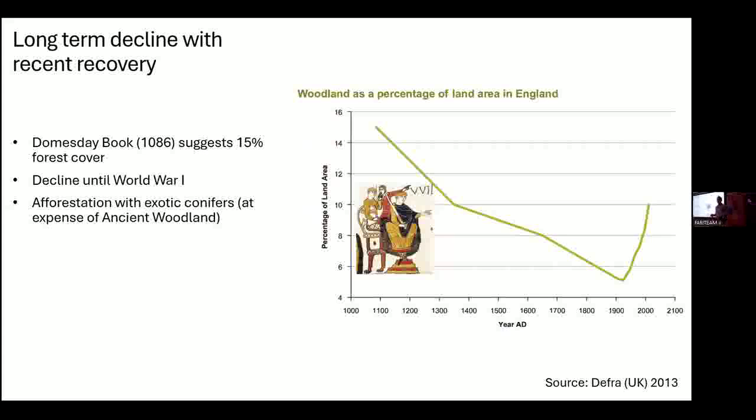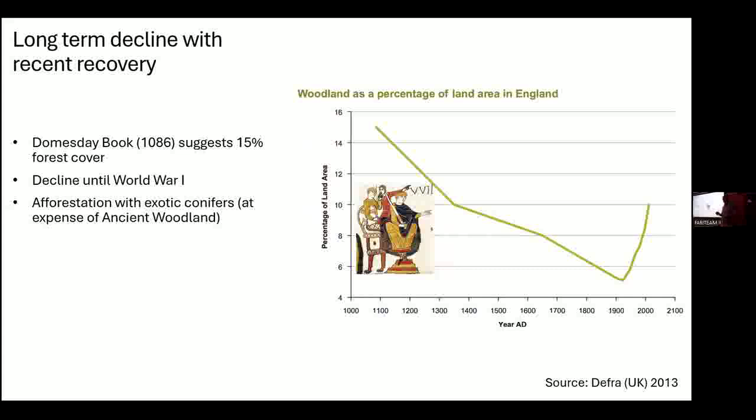Using historical records like the Domesday Book, the UK has been invaded many, many times, and the Normans came along in 1066, as you may know. Here's William the Conqueror, and if we look at historical records and the Domesday Book, which was this big kind of survey of what this chap had won when he invaded, who owned what land, what was on the land.